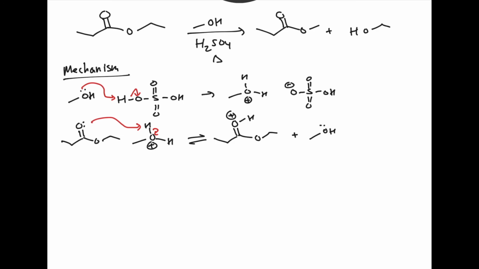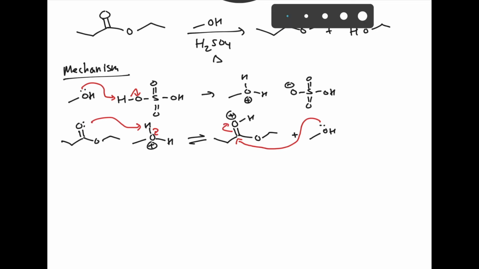Now it's easier to add to the carbonyl carbon because we've protonated the oxygen and made that carbon more positive. So the lone pairs on our oxygen can add, we'll push electrons up.